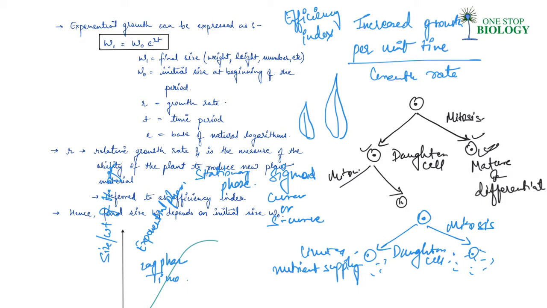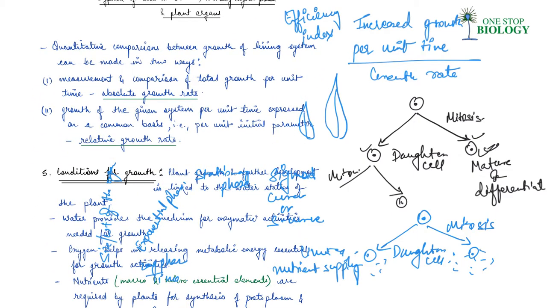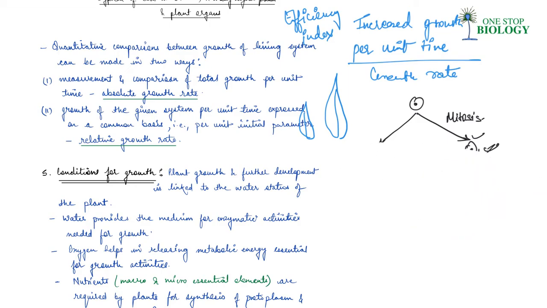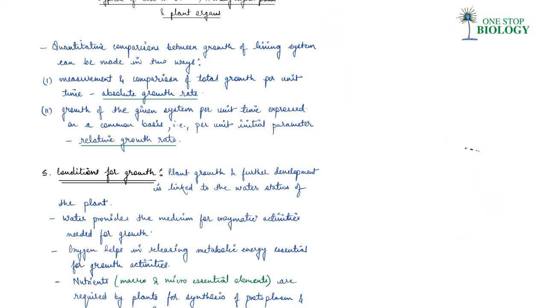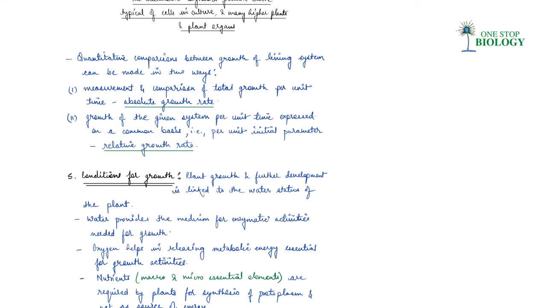Now, a quantitative comparison between growth of living systems can be made in two ways basically, right? Remember, it can be made in two ways. Now what are these ways? Let's see that as well. So we can say measurement and comparison of total growth per unit time.